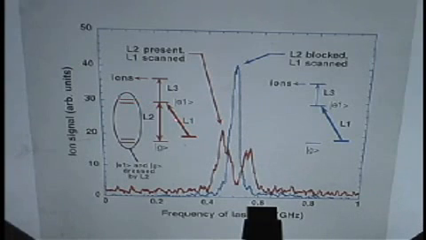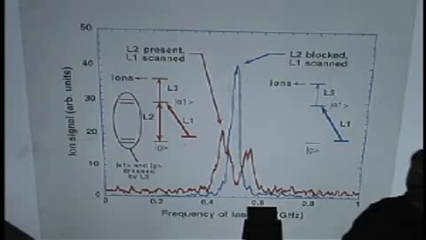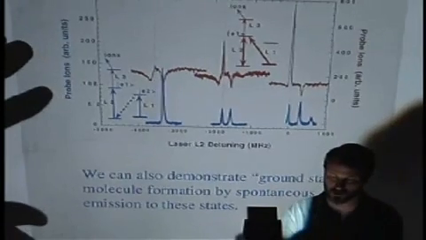If you scan this one, you see this nice splitting. But if you fix this one on that peak and then scan this one, you will see a nice big dip like that when you pass through the ground state. And so that's, in fact, what we see.